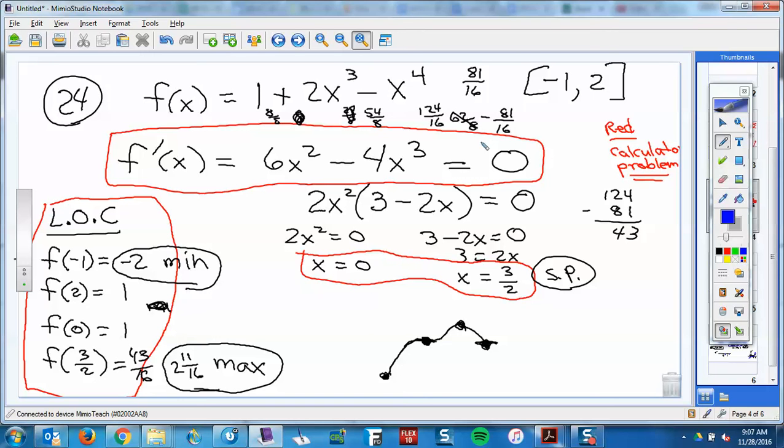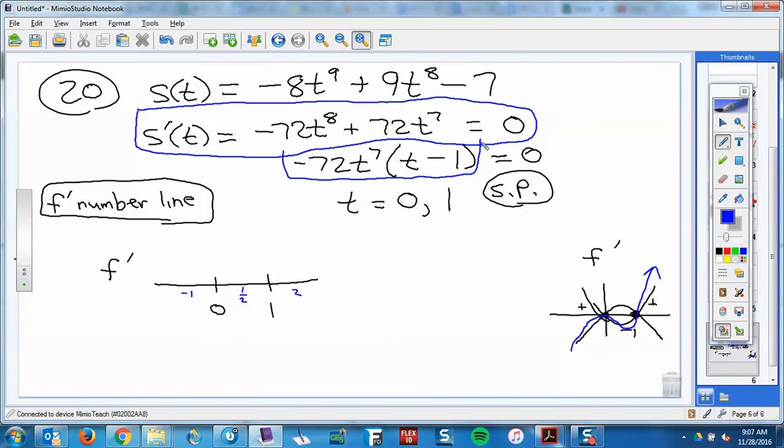So you've got to plug into F to be able to see what the Y values are. Here, we're trying to see if F prime is positive or negative for the chart. So we've got to plug into F prime, right? That makes sense? So if you know what it is you're trying to figure out, you shouldn't get confused on what to plug into. So I'm going to put -1 into F prime or S prime.